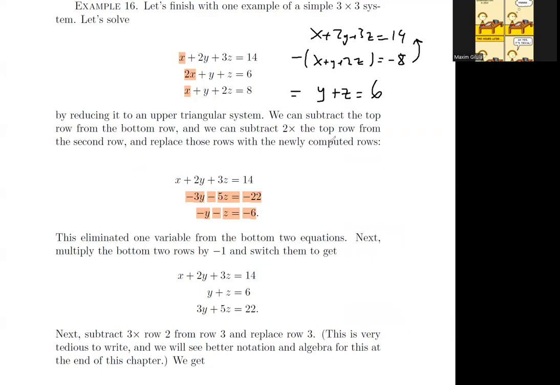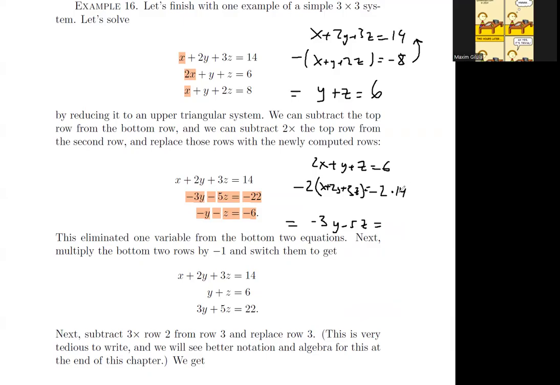And then we could subtract 2 times the top row from the second row. So we could do minus 2 times x plus 2y plus 3z minus 2 times 14. And this will give 0 x's, minus 3 y's, and minus 5 z's.